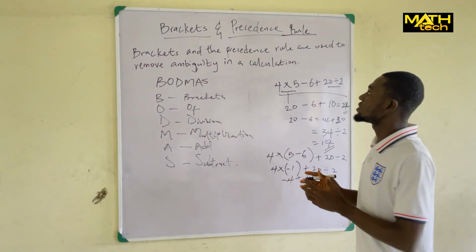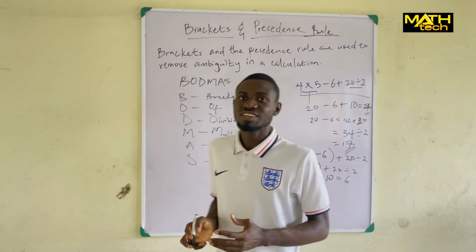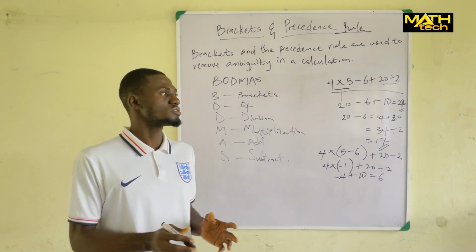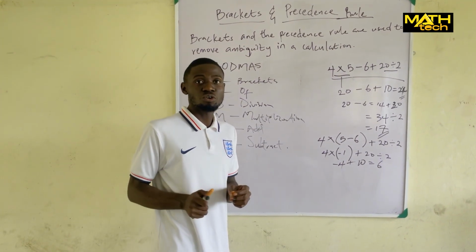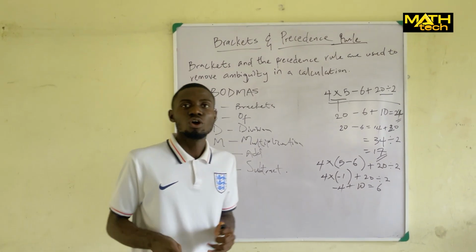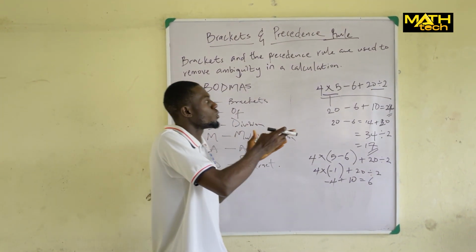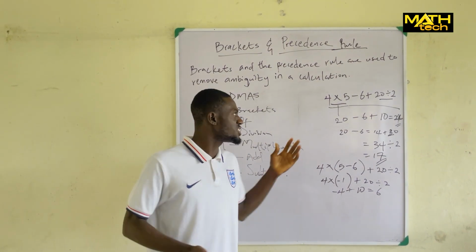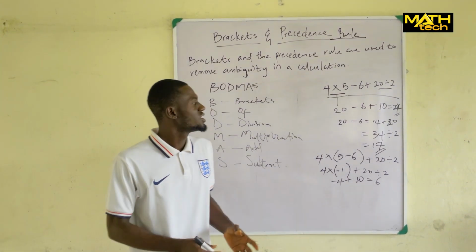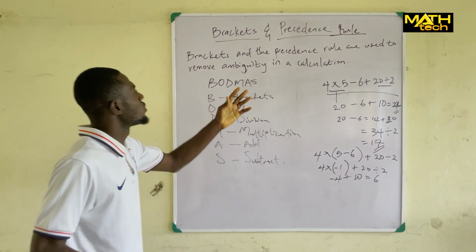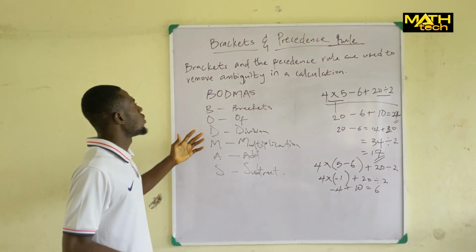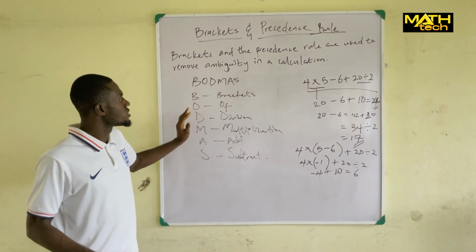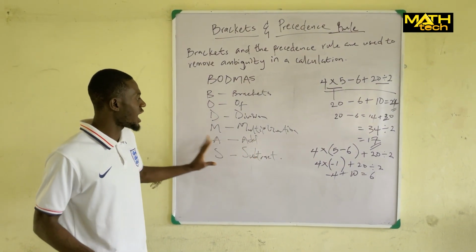So this is how the brackets and precedence will work. It helps remove ambiguity from your calculations. And I will advise every one of you that has been having issues with how to follow the order of operators, like when calculating with the four operators together, the addition, multiplication, division, and subtraction: use the brackets and precedence rule, or just take your mind back to the word BODMAS: brackets, of, division, multiplication, addition, and subtraction.